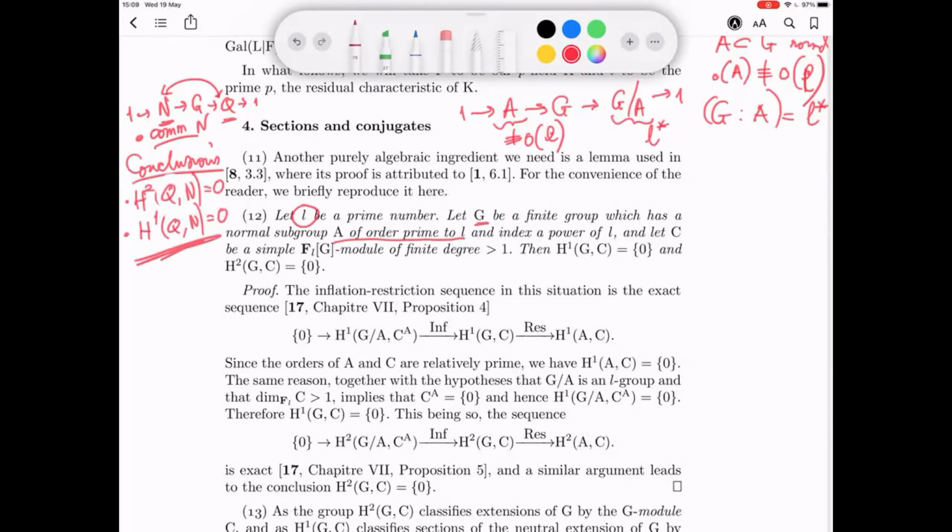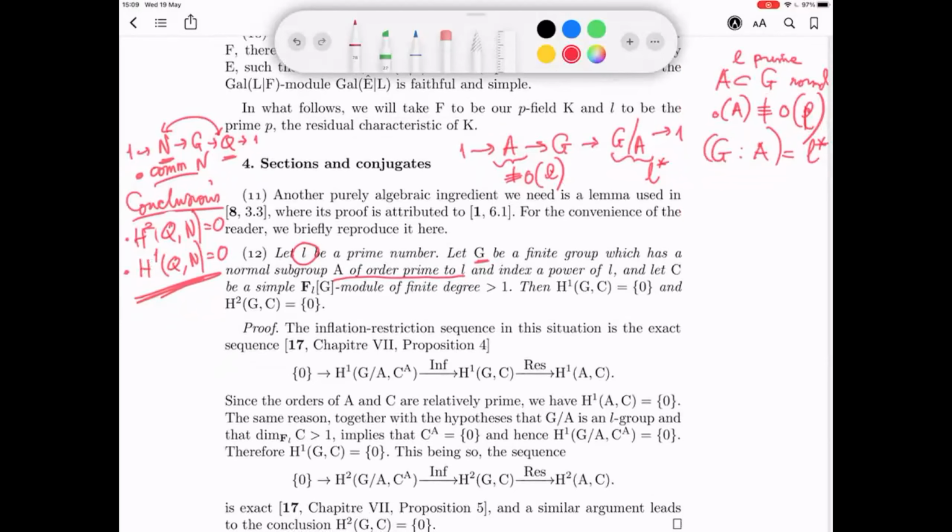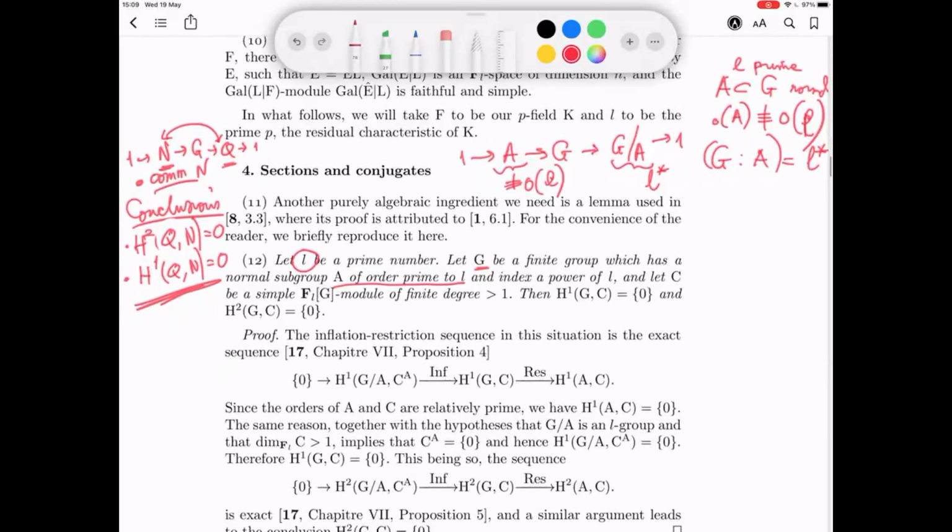So these two conclusions, you get these two conclusions if N and Q have relatively prime orders, and moreover, N is commutative. Here, I'm looking at a slightly different thing.